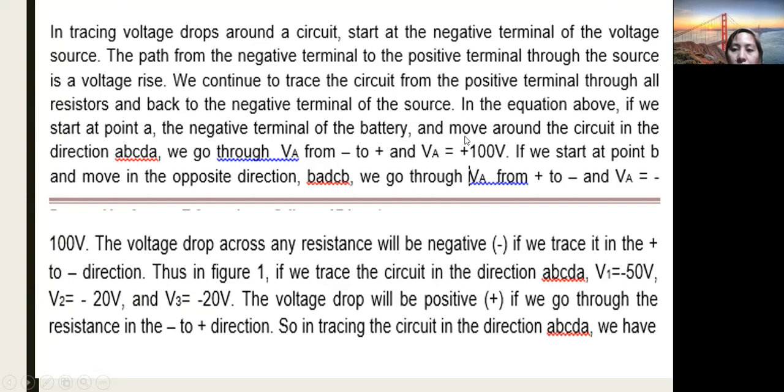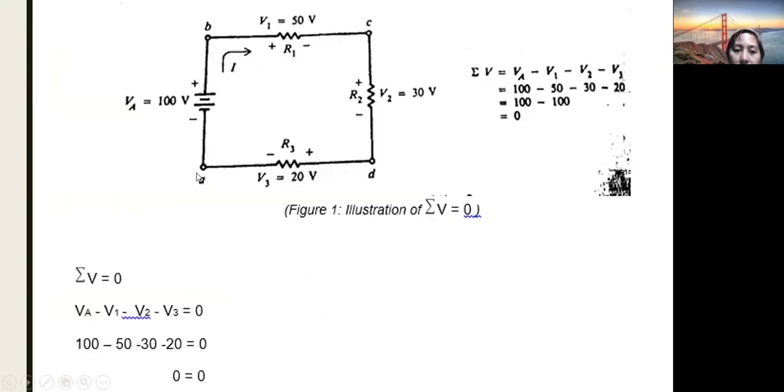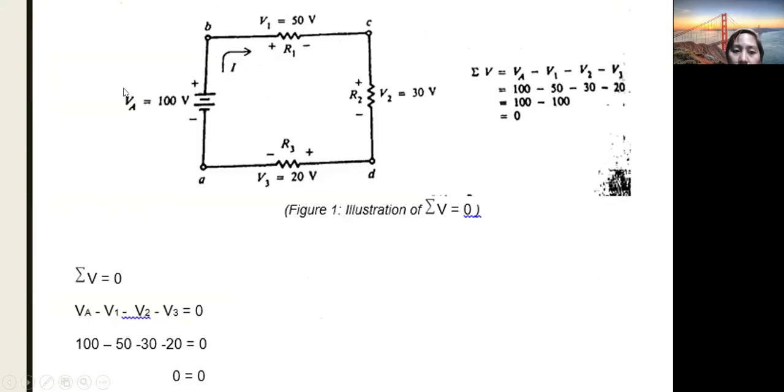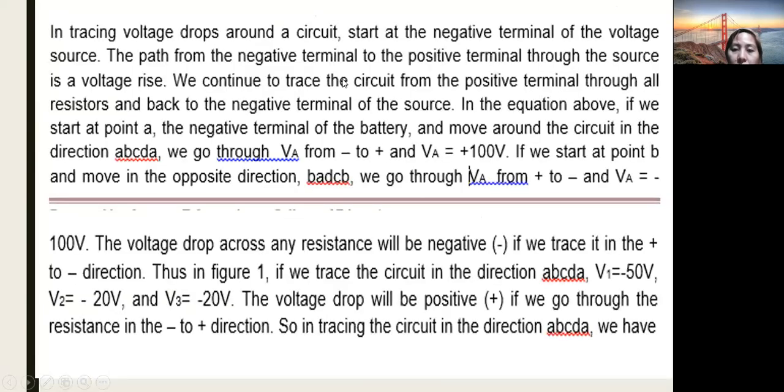So where are we now? And move around the circuit in direction A, B, C, D. So where are A, B, C, D? This is the circuit A, B, C, D. So we go through the voltage applied from the negative terminal to the positive terminal.